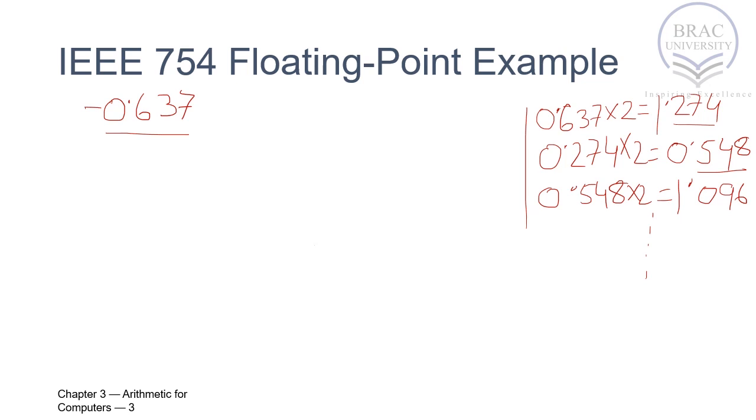We continue this multiplication process to get the binary representation of 0.637. This first bit is the MSB, and as we go down we get the LSB bits.